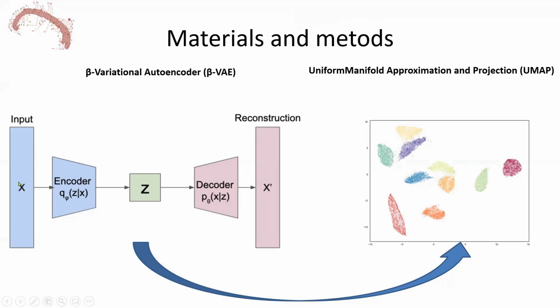So the input is, in our case, an image data set. Using the encoder, it will be transformed into a vector. And after that, the decoder will reconstruct the image from the vector with minimum information loss.